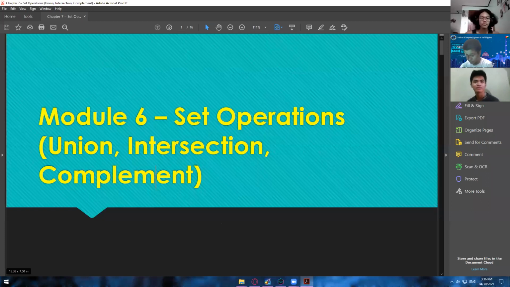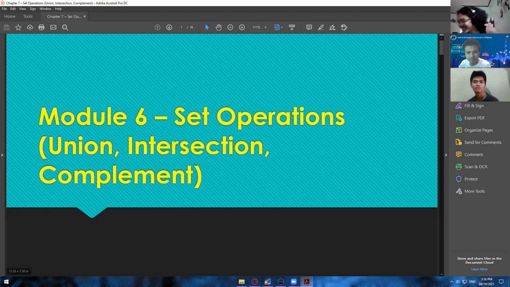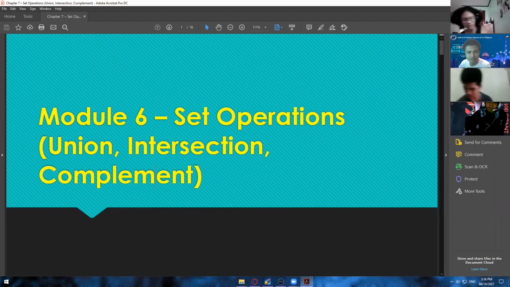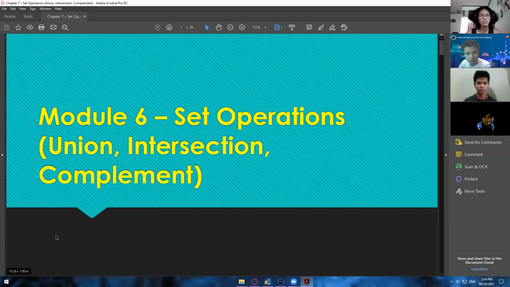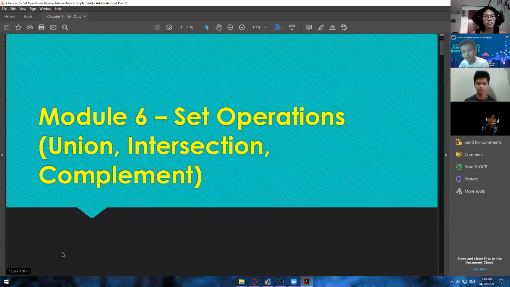So there's now two, so that we can see how handsome or how beautiful you are. All right, so I think that's it for those who are willing to open their cameras.